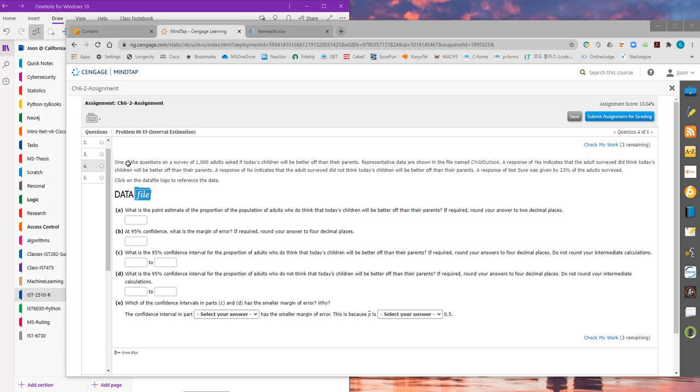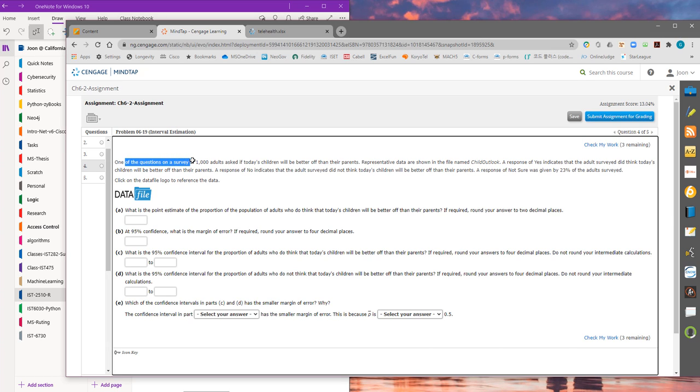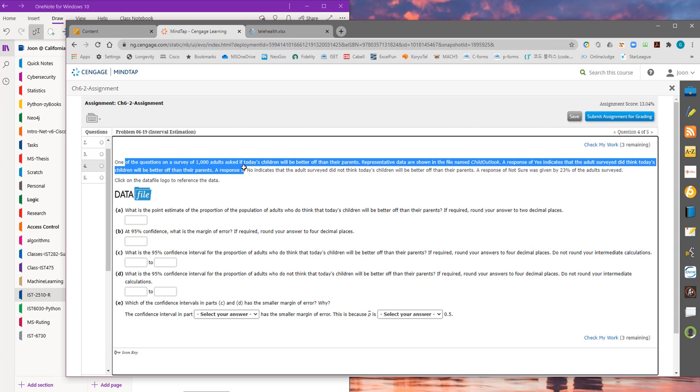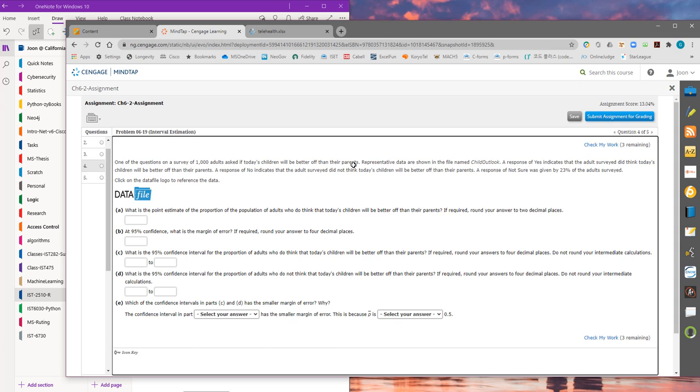One of the questions on a survey of 1,000 adults, so the sample size is 1,000, asks if today's children will be better off than their parents. Representative data are shown in the file named Child Outlook.